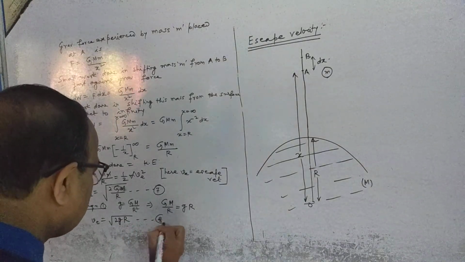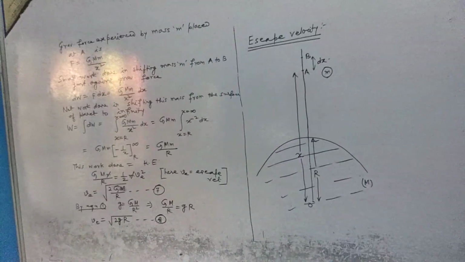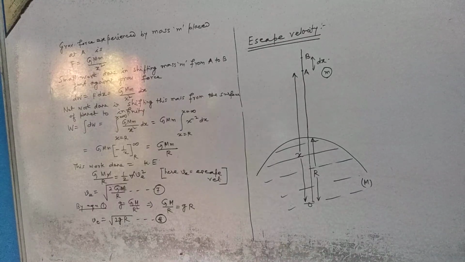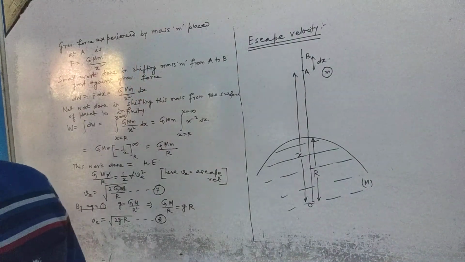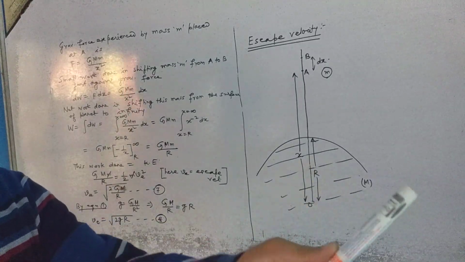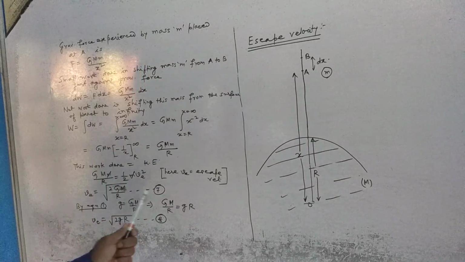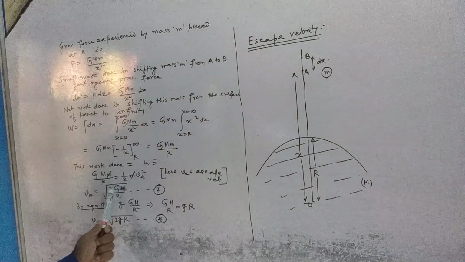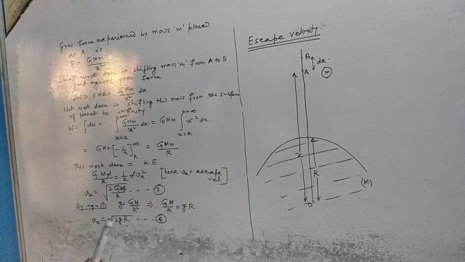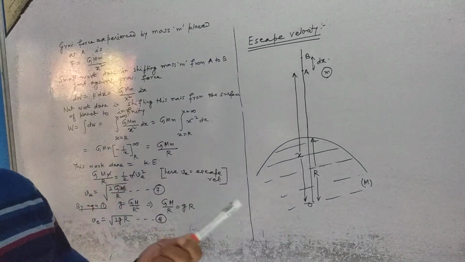This is another expression. Equation number 7 and equation number 8 are the two different expressions for escape velocity involving different physical parameters. जैसे equation number 7 is involving capital G, capital M by R. Here it is only small g and R, like this.